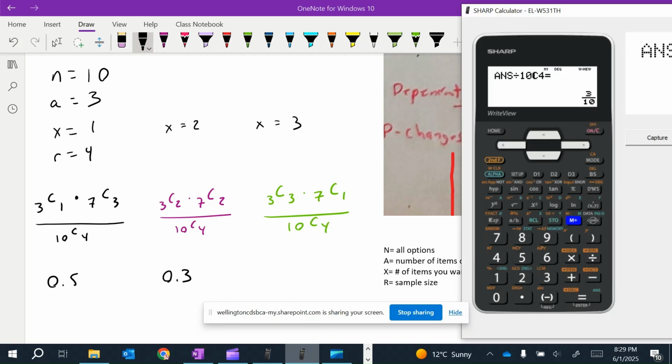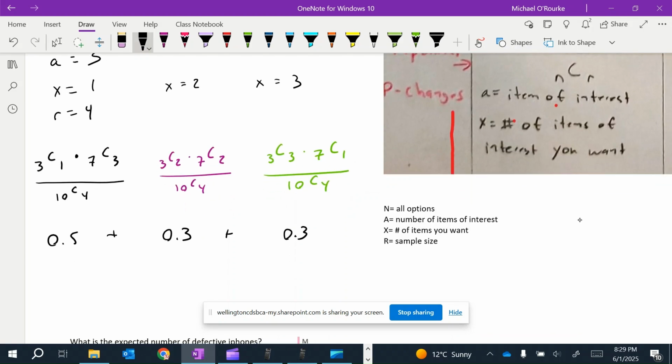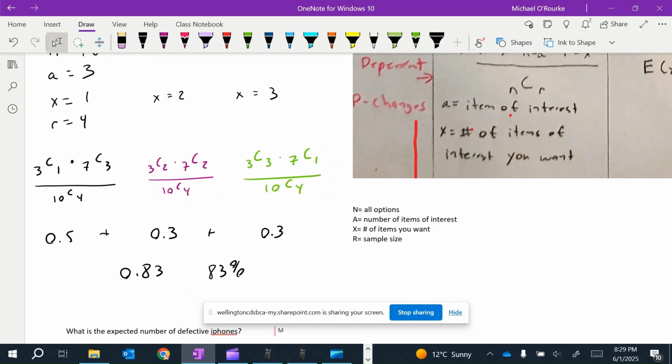And the last one, the probability of getting 3 defective, would be 1 in 30. So I add all those up, and it's going to give me about an 83% chance that the box is going to be rejected.